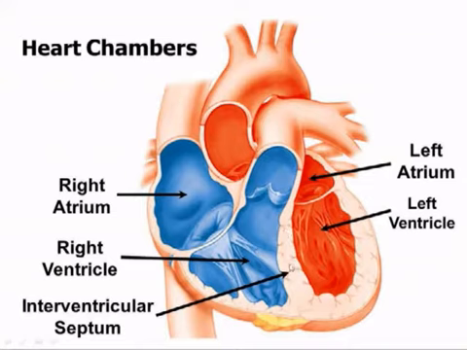It is the septum which is dividing the right side and the left side of the heart. The septum between the two ventricles, that thick wall, we call the interventricular septum. If the septum is between the auricle and the ventricle, we call it the auriculoventricular septum of the heart. So this is a brief idea about the various chambers of the heart.